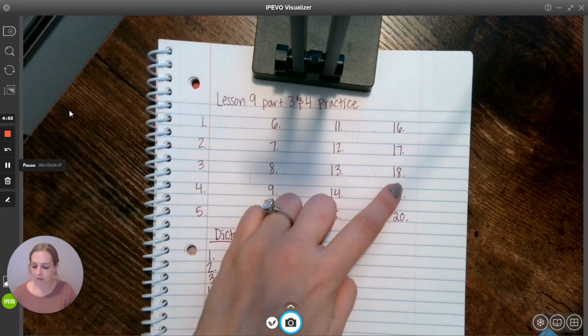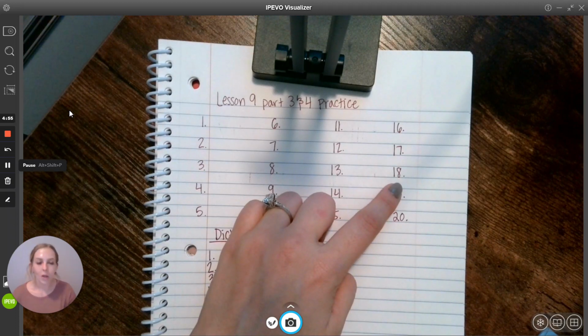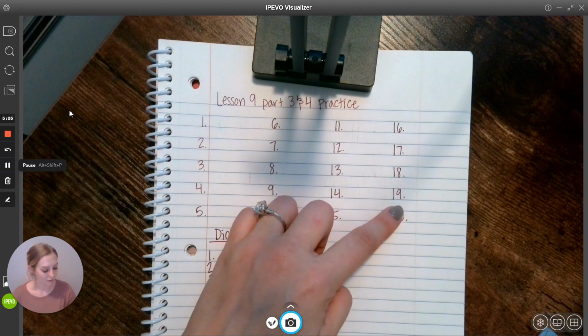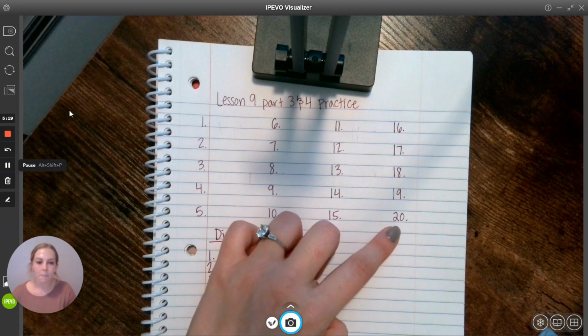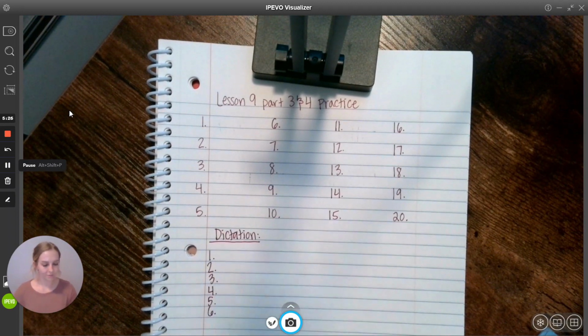Number 18, oi, that may not be used at the end of English words. Number 19, u, u. And number 20, g, j.